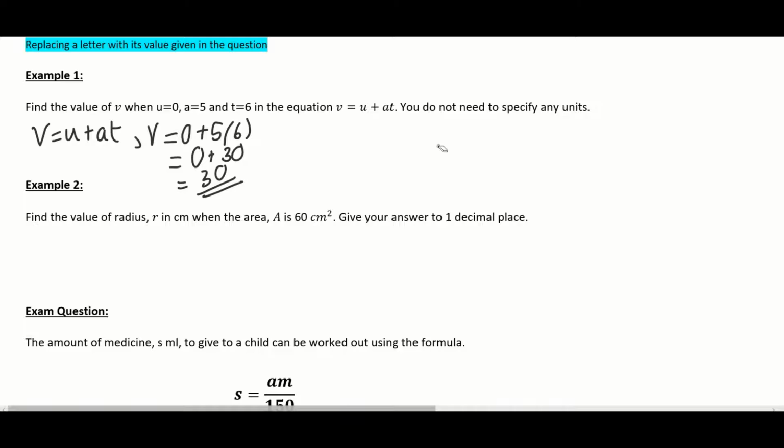The next example is: find the value of r in centimeters. So it's told us what it wants its answer in. The measurement it wants is centimeters. Find the value of radius r in centimeters when the area A is 60 centimeters squared. Give your answer to one decimal place.